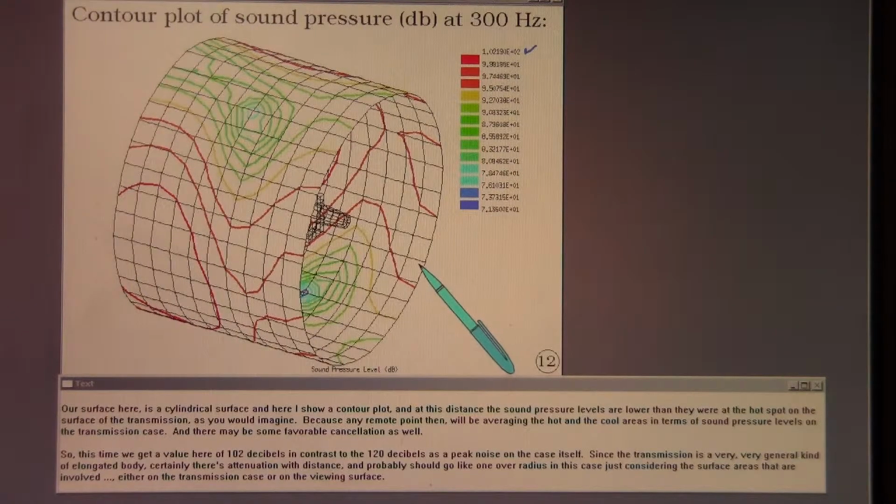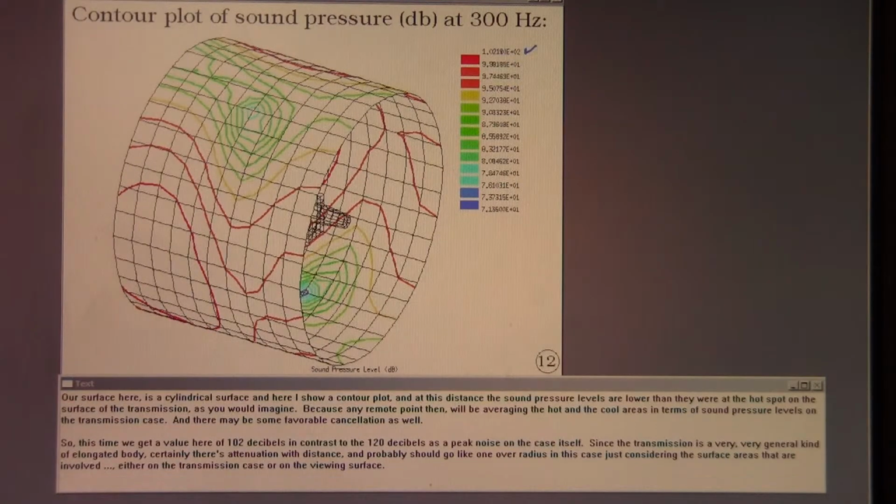So this time we get a value here of 102 decibels in contrast to the 120 decibels as the peak noise on the case itself.